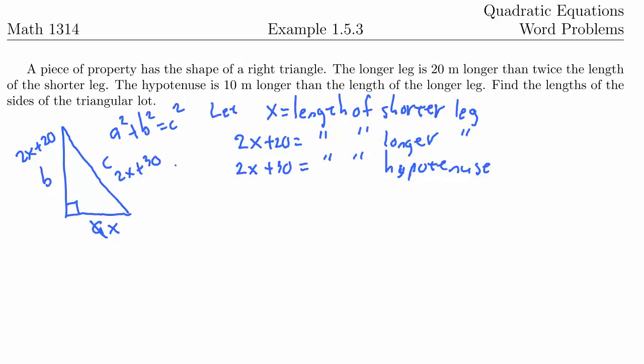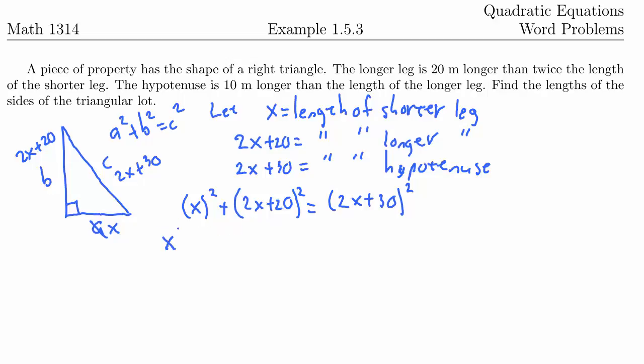Using the Pythagorean theorem now, that means that a is x squared, plus b, which is 2x plus 20 squared, is equal to c, 2x plus 30 squared. Then you're going to simplify.